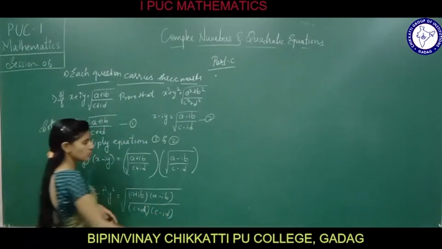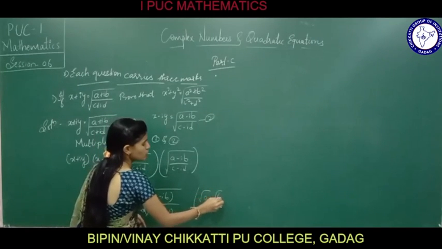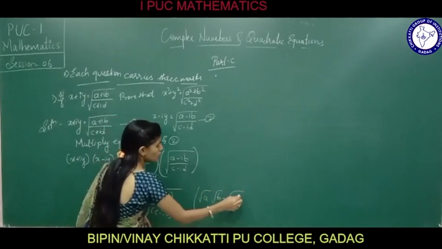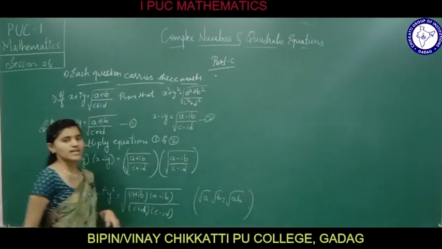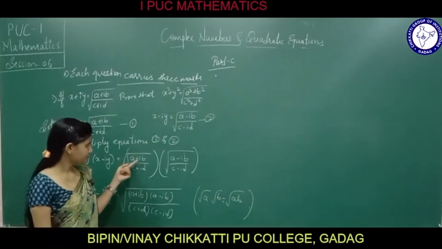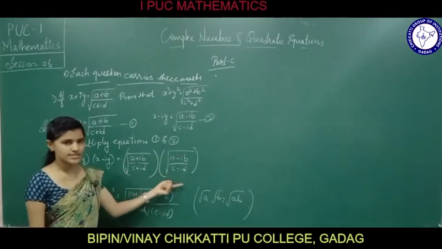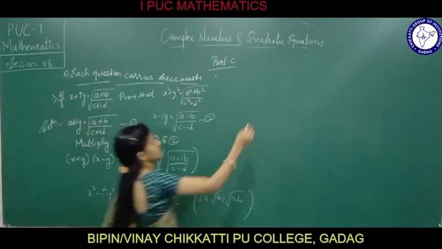How did I get this? We have exponent rules like root a into root b is equal to root of a into b. That is what I have used here to multiply root of a plus ib into a minus ib divided by c plus id into c minus id.